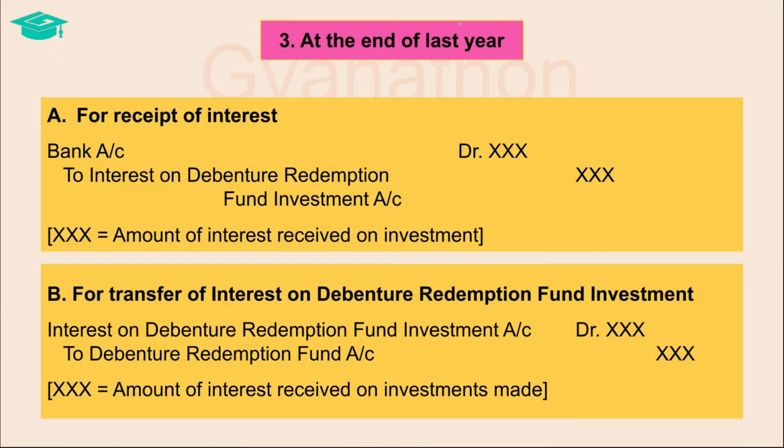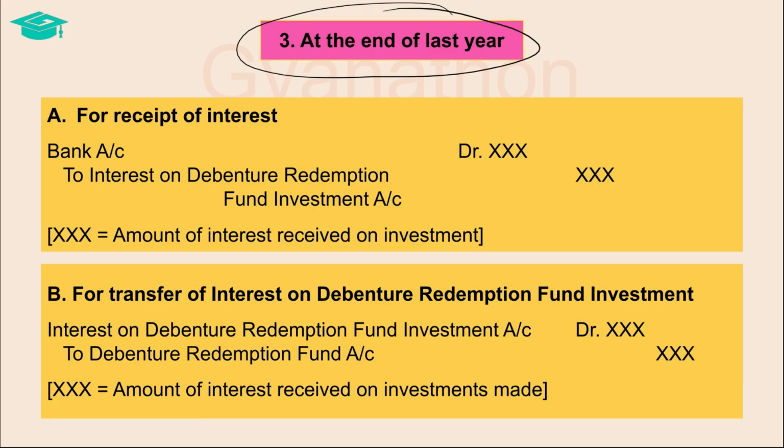Coming to the last year, this is the year of redemption. In this year, firstly, the interest earned on investments made is encashed and transferred to the debenture redemption fund account. And then the debenture redemption fund investments are also encashed. Also, the annual amount of profits are set aside for the last year.